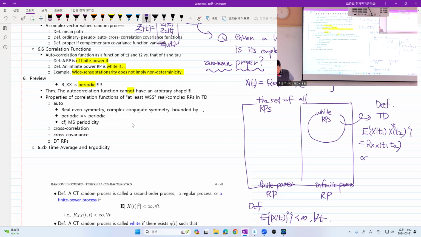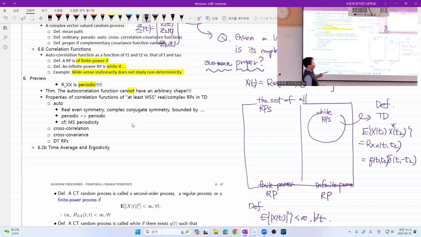That is proportional to delta of t1 minus t2 and times something. And that something is either constant or a function of what? t1 and t2. So you may say that, okay, I just introduce some function of two parameters t1 and t2, then this would be the definition.